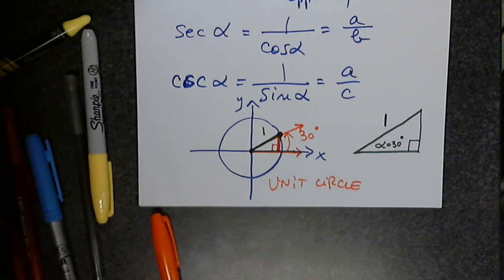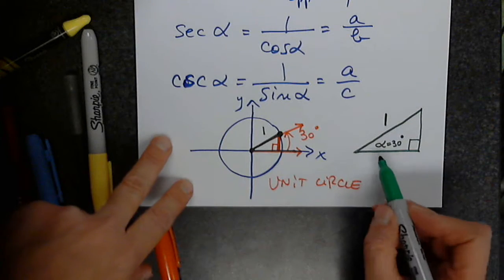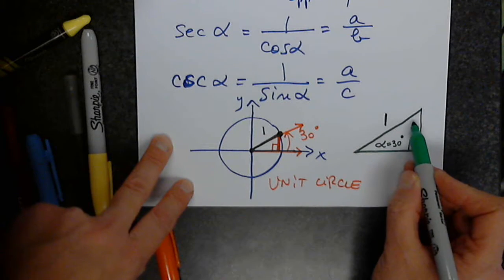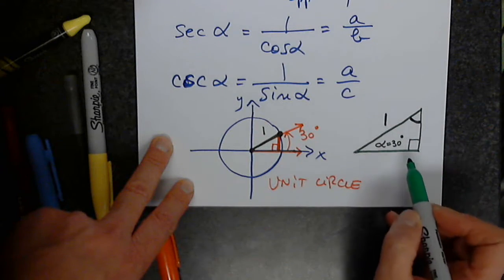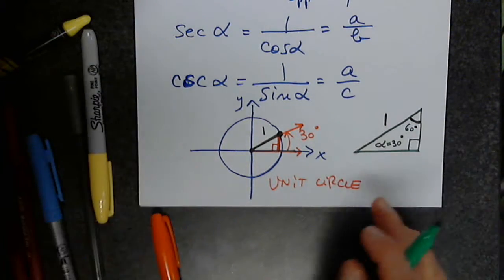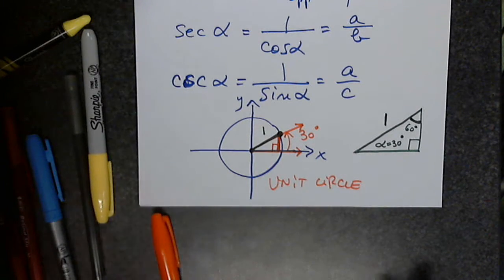Is there any important information about a triangle that has angles 30, 90, and what is this? 60, very good.